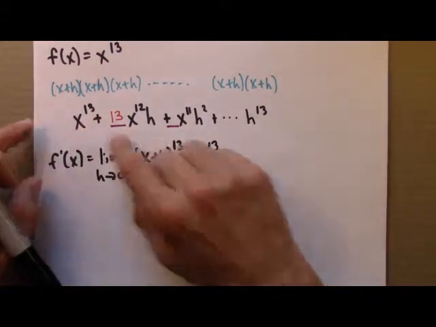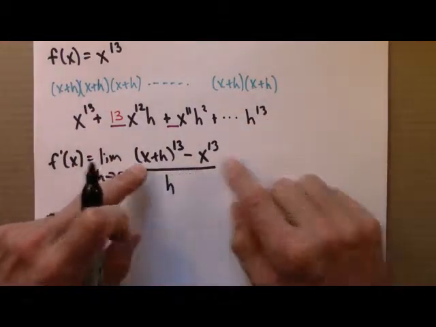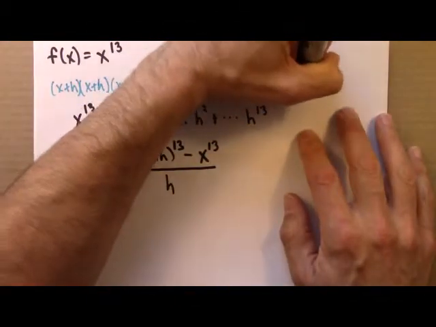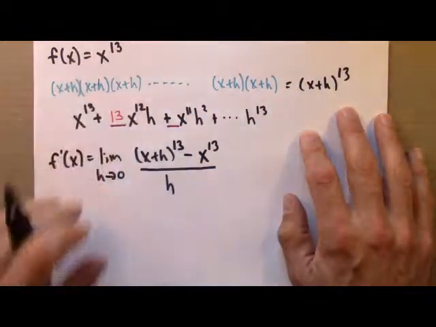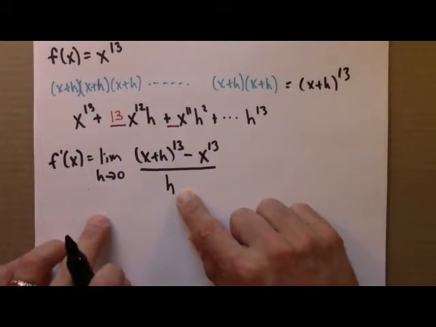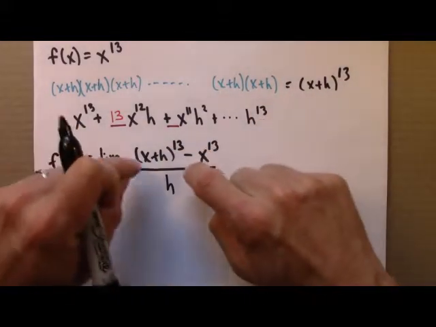So I'm going to plug this term in here. Remember, this was x plus h to the 13th. So let me put this big expression in here, and let's see what we get.